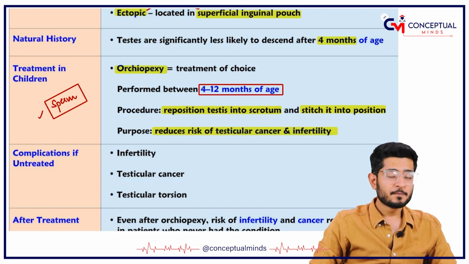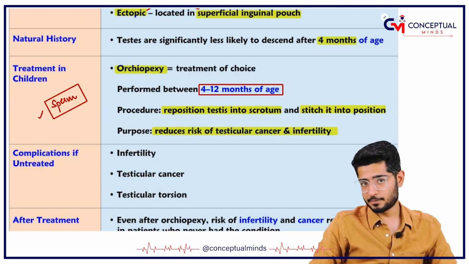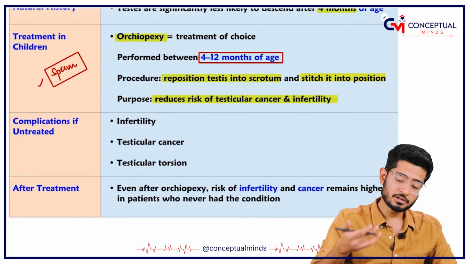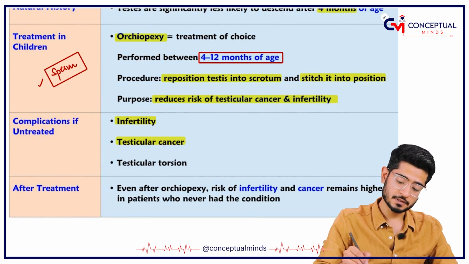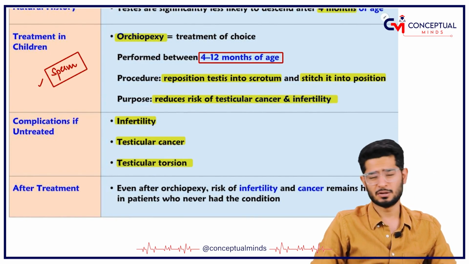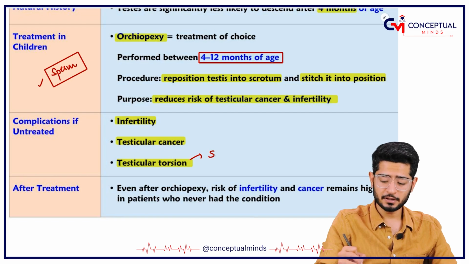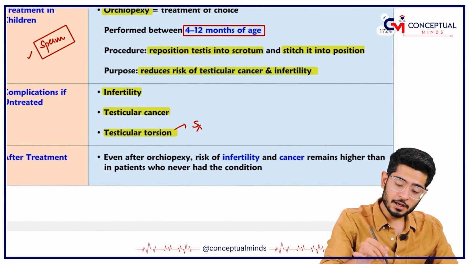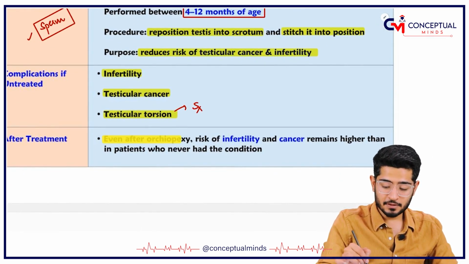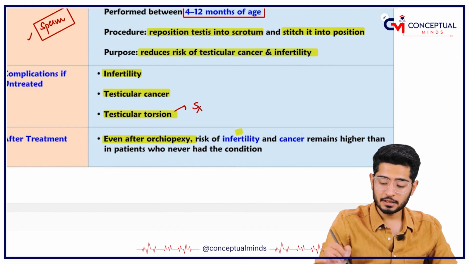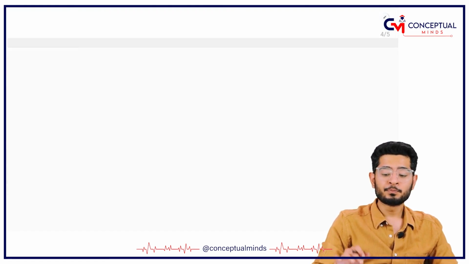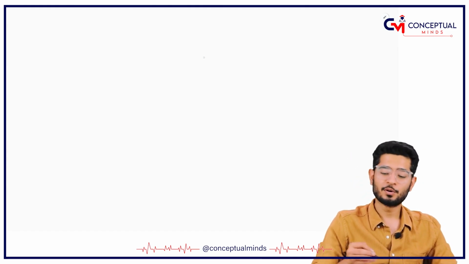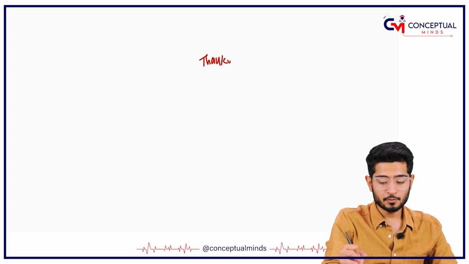If not treated, it can cause infertility, testicular cancer, and even testicular torsion, which I hope the surgery faculty will teach you in great detail. Even after orchidopexy, the risk of infertility and cancer remains much higher than in patients who don't have this disease. So cryptorchidism is an issue that has to be looked after very well.